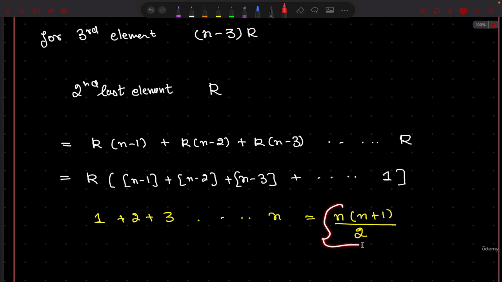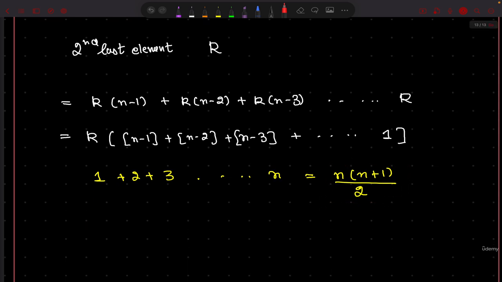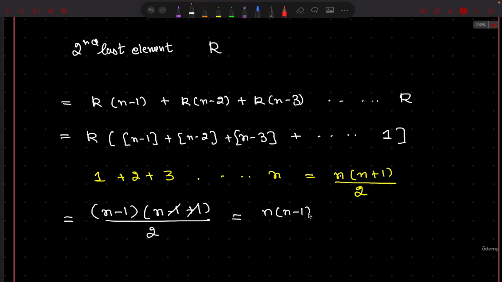So if in this formula I just change n with n minus 1, I think I will get my answer. I will get the total operations which I have done, which will be equal to n minus 1 into n minus 1 plus 1 by 2. They will get cancelled. It's going to be n into n minus 1 by 2, right?